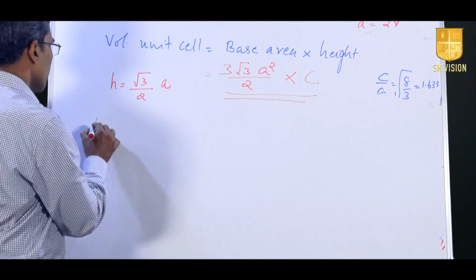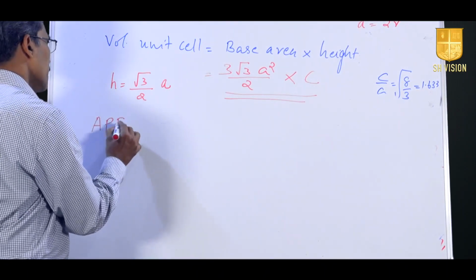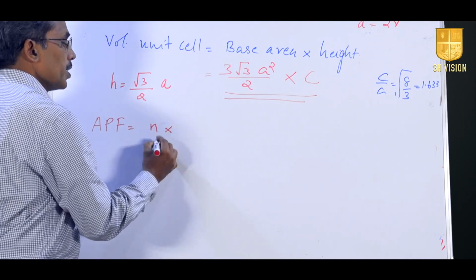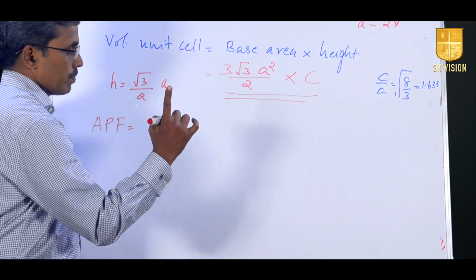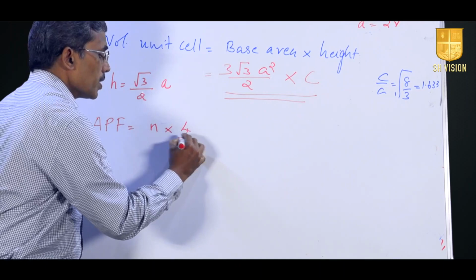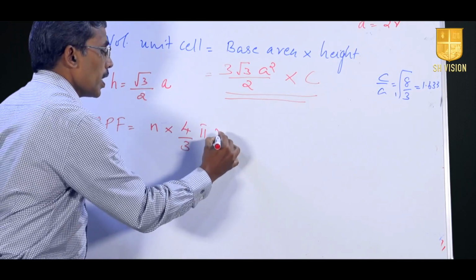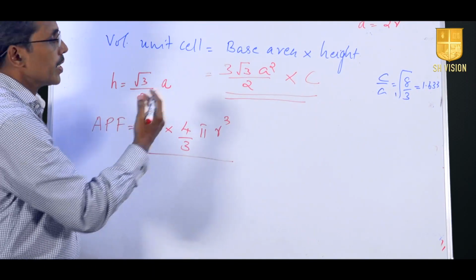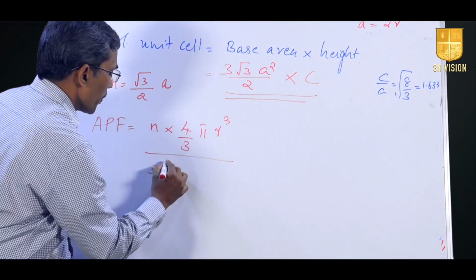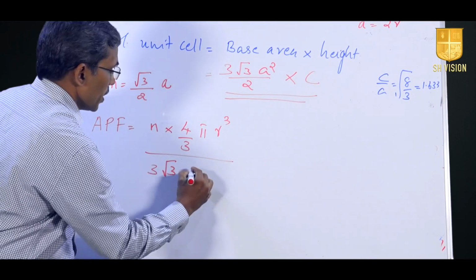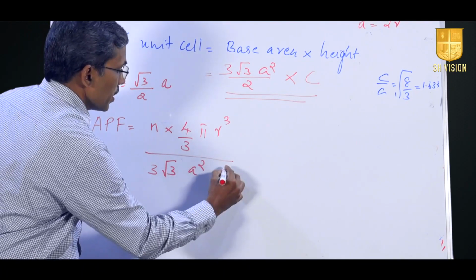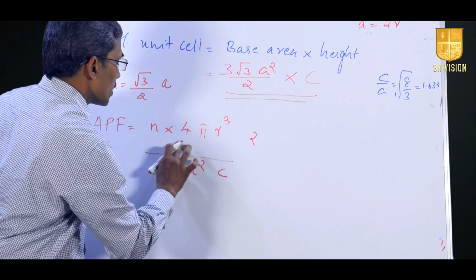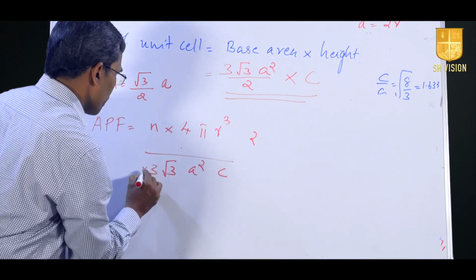So atomic packing factor, APF, is equal to number of atoms per unit cell into volume of one atom, 4 by 3 pi r cube, divided by volume of unit cell, that is 3 root 3 a square c by 2.